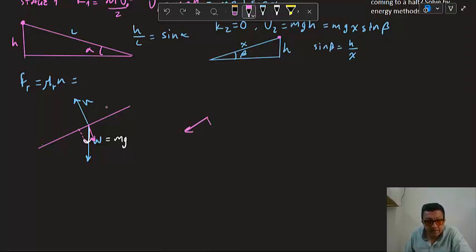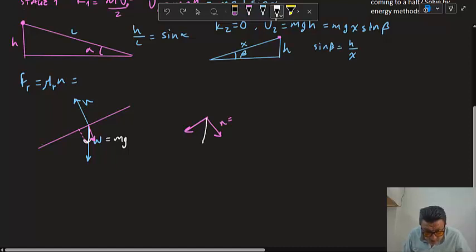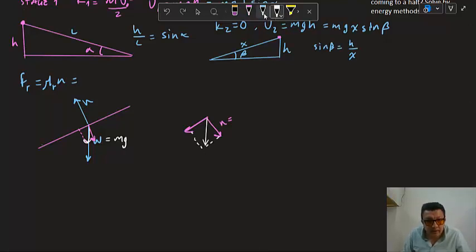So this is the real normal component. I'm not very good at drawing, but this is the real beta angle, because by trigonometry we know this.